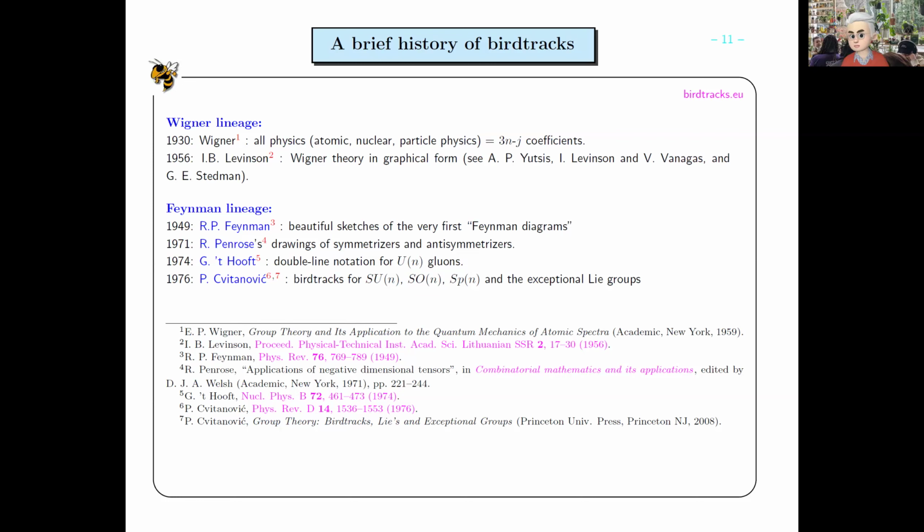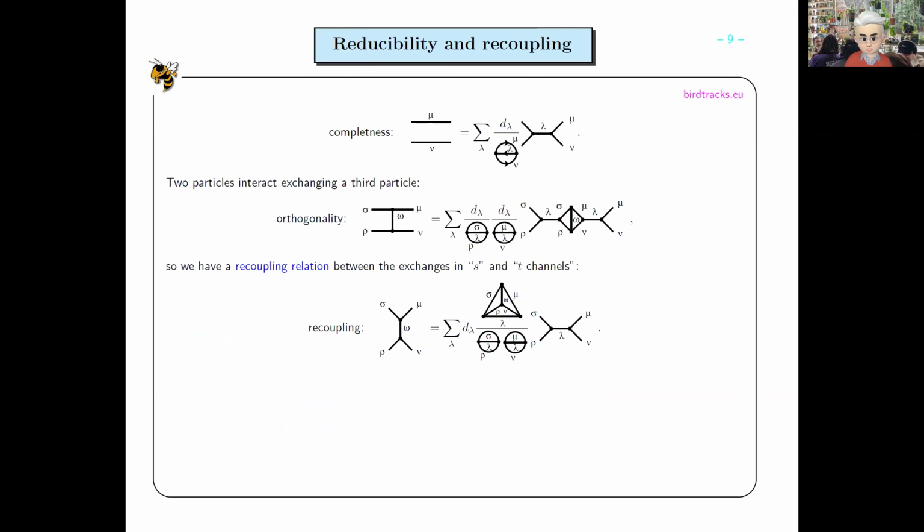But in 1956, Jucys, Levinson and Vanagas in Lithuania, I think, occupied by Russia at the time, explained and wrote a book about how to do Wigner's theory in graphical form, and these are pictures like those ones, so they understood that.